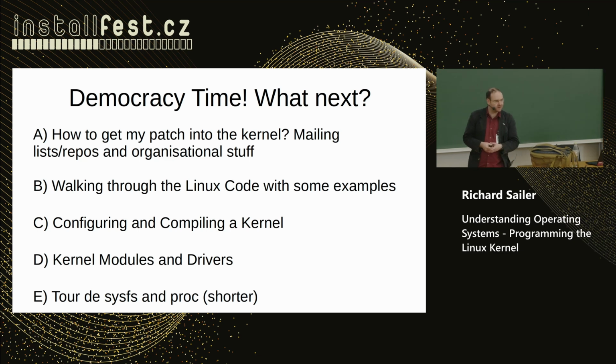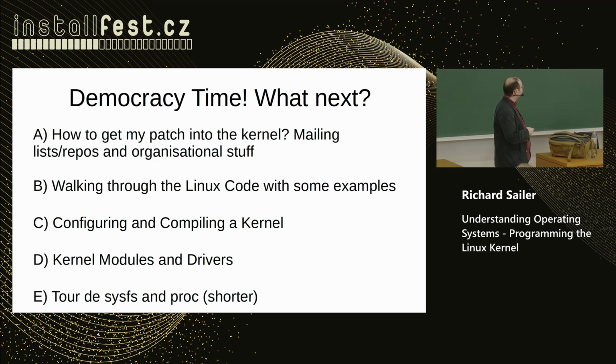That's A. Then B is walking through the Linux code with some examples. I do have to add that we have only half an hour left, so we would get only through the directories and the rough structure, but I don't think we would get into any files deeply with half an hour. Then the C option would be configuring and compiling a kernel.